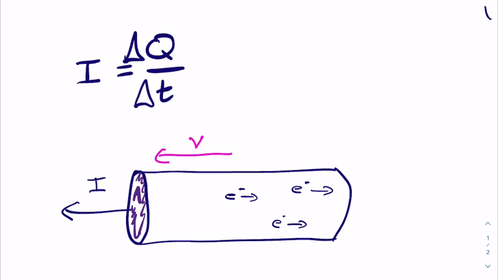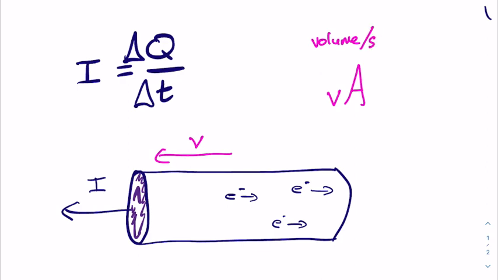Then we have the total volume of electrons which are moving in 1 second, because velocity is meters per second. The total volume of electrons that are moving in 1 second is v times A, the velocity, the distance per unit time, times the area. So you've got the total volume of electrons that are moving in 1 second.